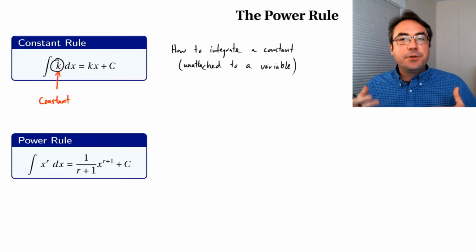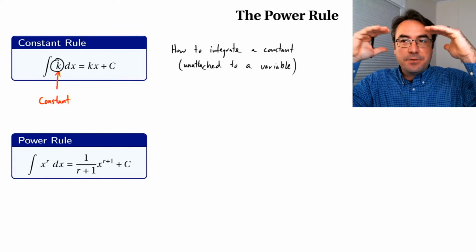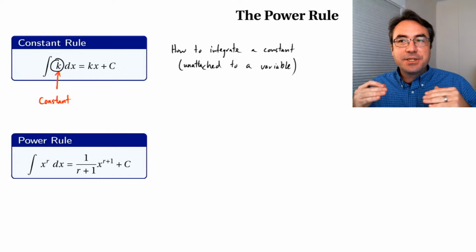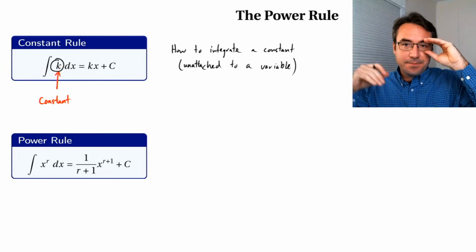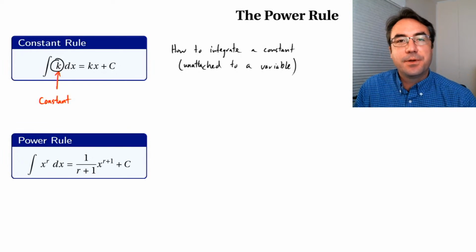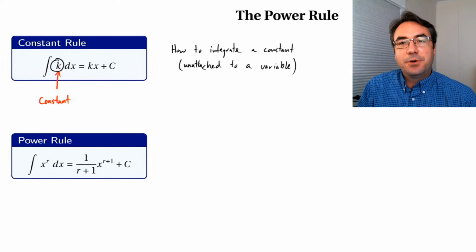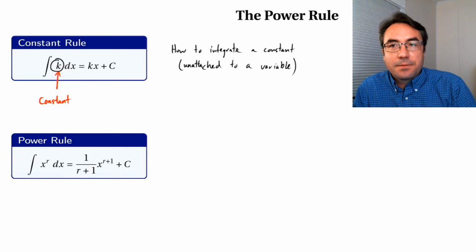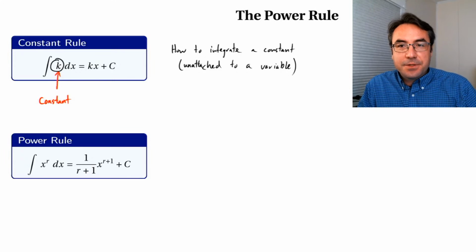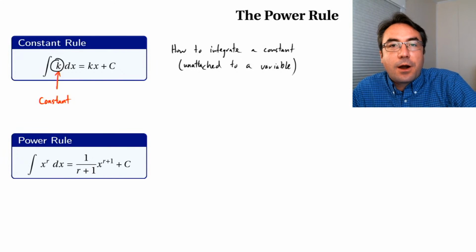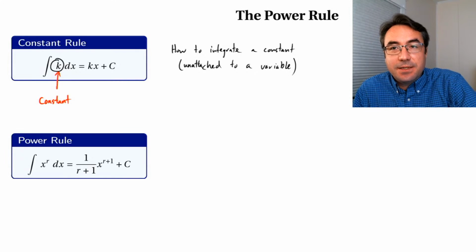Normally when we do derivatives, you're subtracting powers of x. Integration builds them back up. And that's what we can see with our integration version of the power rule. So suppose we want to integrate the power function x raised to the power r. Let's read through the formula. It's 1 over r plus 1 times x raised to the r plus 1.